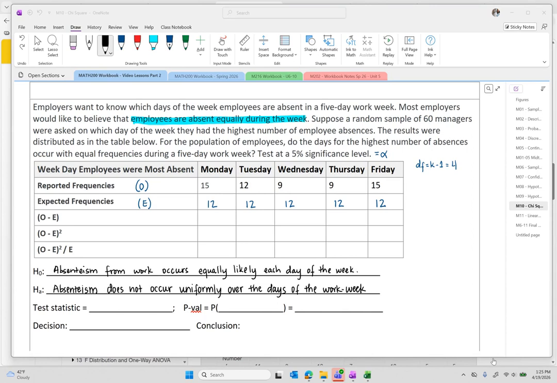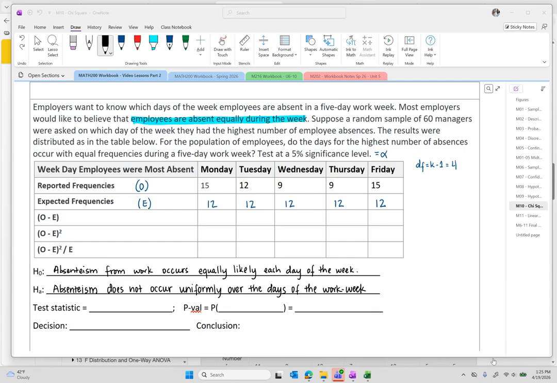And among 60 managers, 12 of them would have said Monday is a popular day, 12 would have said Tuesday, 12 Wednesday, 12 Thursday, and 12 Friday. So 20% of the 60 managers would each have said that particular day.